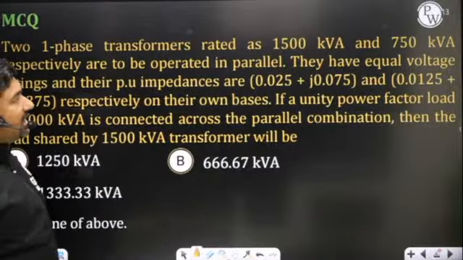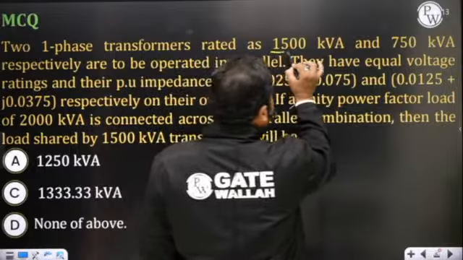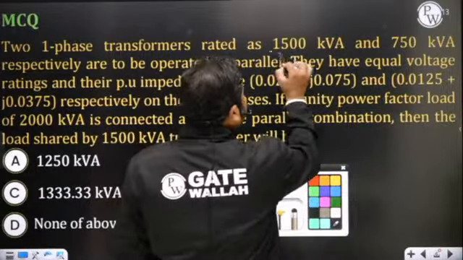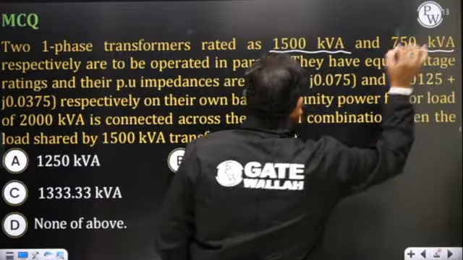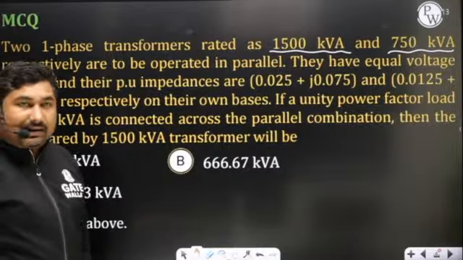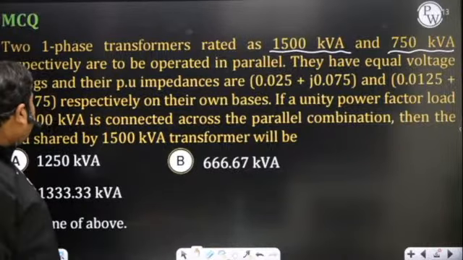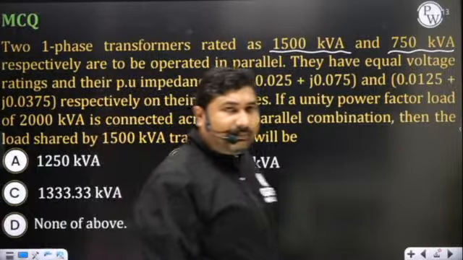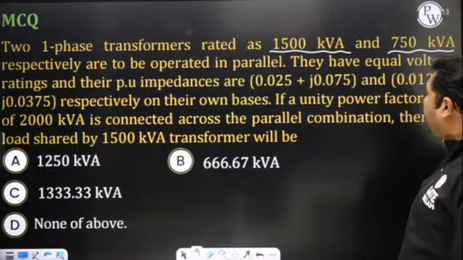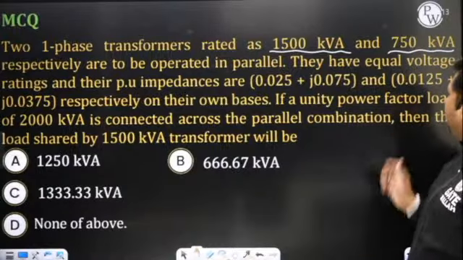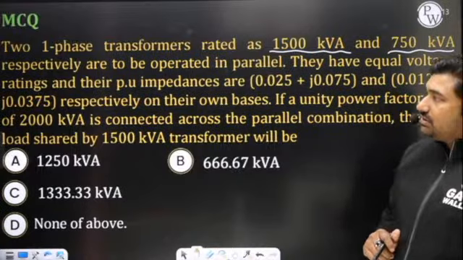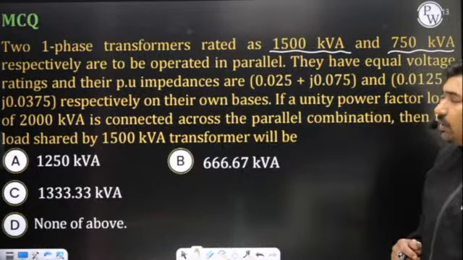Two single phase transformers rated as 1500 kVA and 750 kVA respectively are to be operated in parallel. They have equal voltage ratings and their per unit impedances are 0.025 plus j0.075 and 0.0125 plus j0.0375 respectively on their own basis.